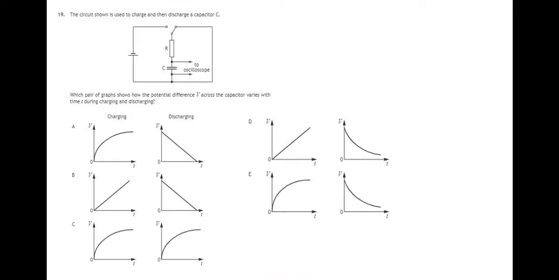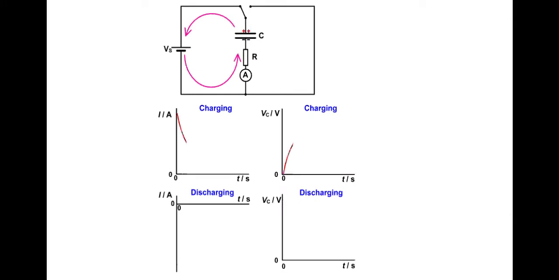Number 19. The circuit shown is used to charge and then discharge a capacitor C. Which pair of graphs shows how the potential difference V across the capacitor varies with time during charging and discharging? So here's a little animation.